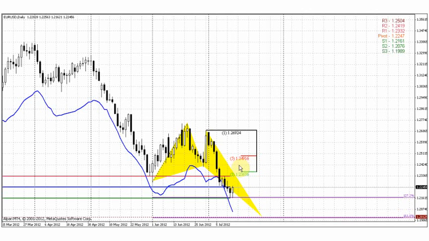This will not shift the trend on the daily time frame to bullish. From that perspective this is acceptable, but the most preferable area is the final point of the retracement.